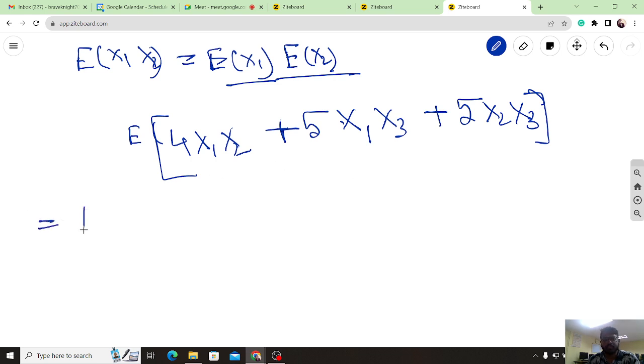Expectation is a linear operator, so I can individually take out all the elements.